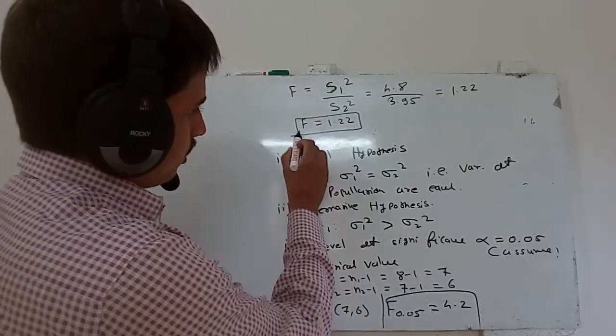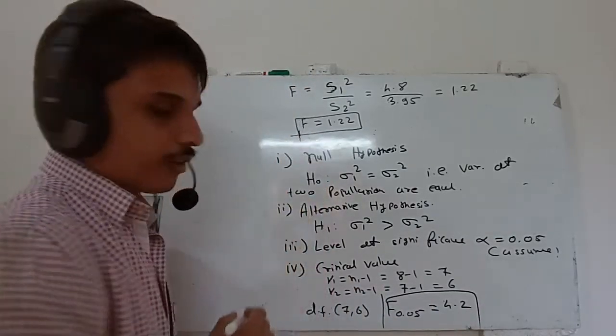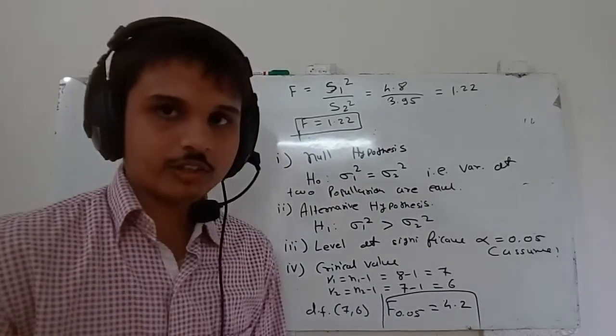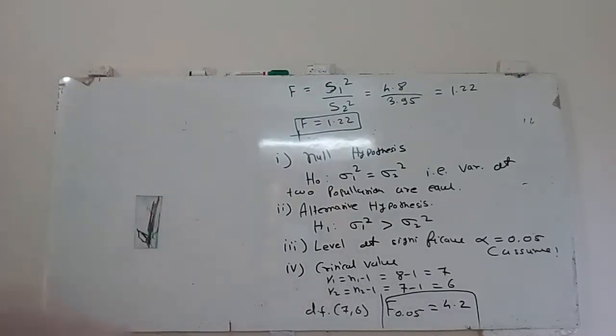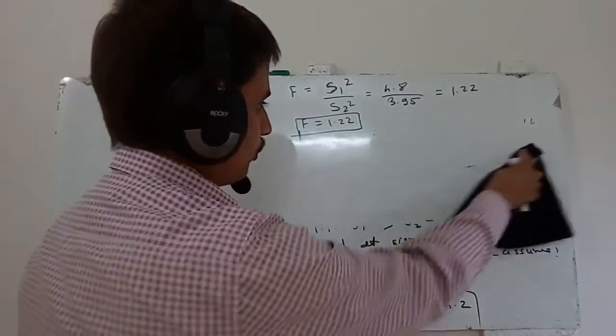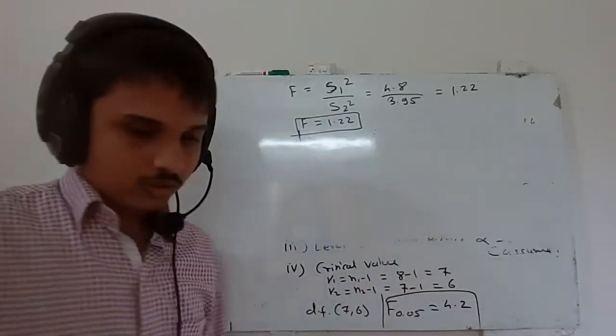Now the value of F that we have calculated is less than this value 4.2 that was given in the question. So we will write our final rule, our fifth rule.